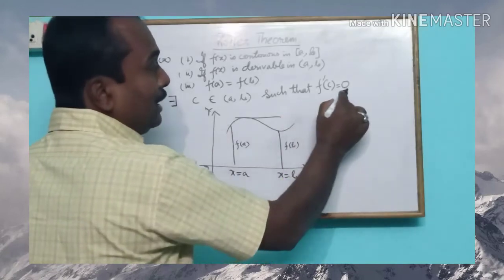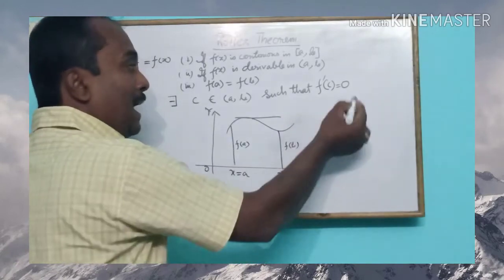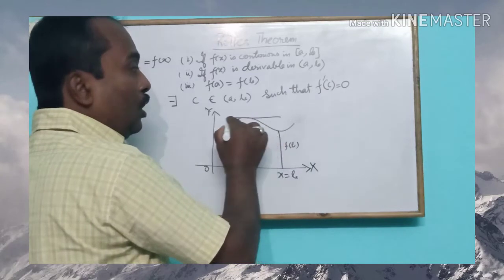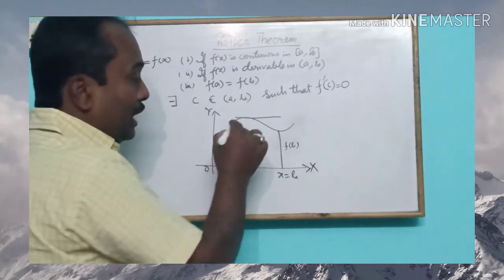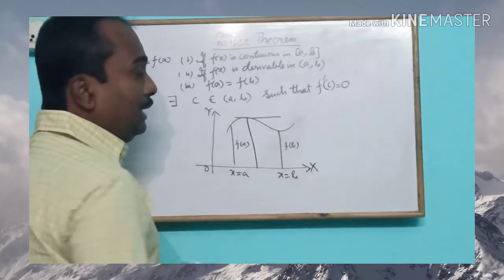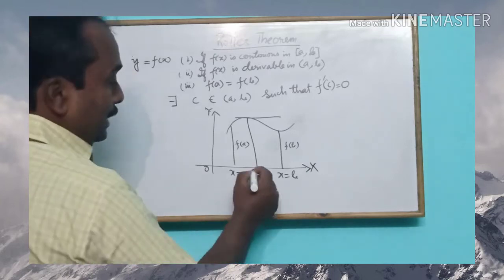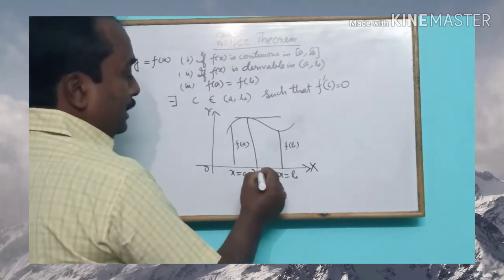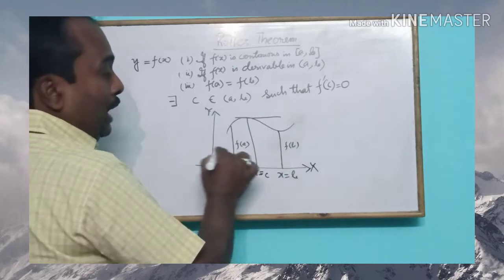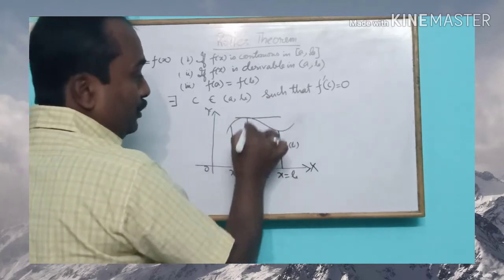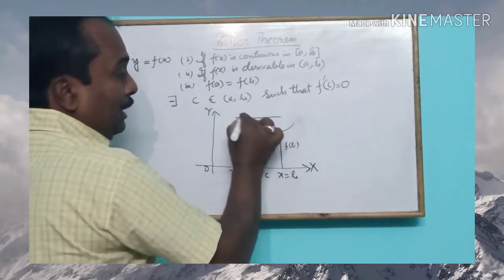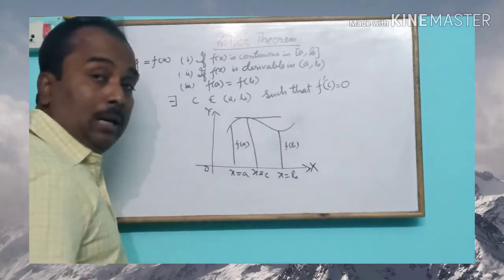So f'(c) is equal to 0 means at C, where x is equal to c, the slope of the tangent drawn at C is 0, and if slope is 0 means the tangent and the x-axis both are parallel.